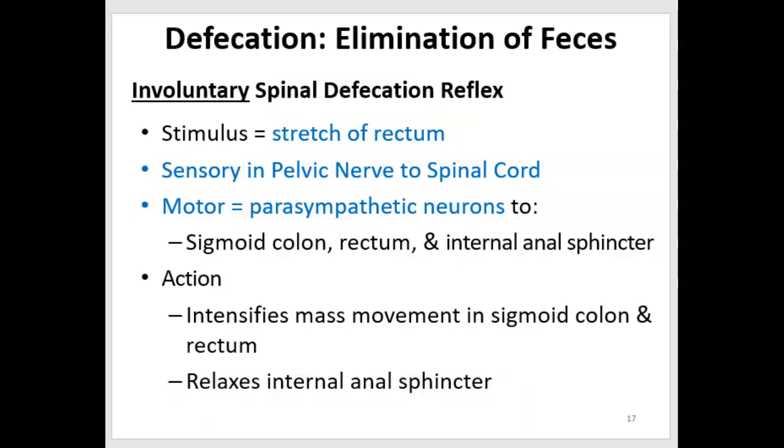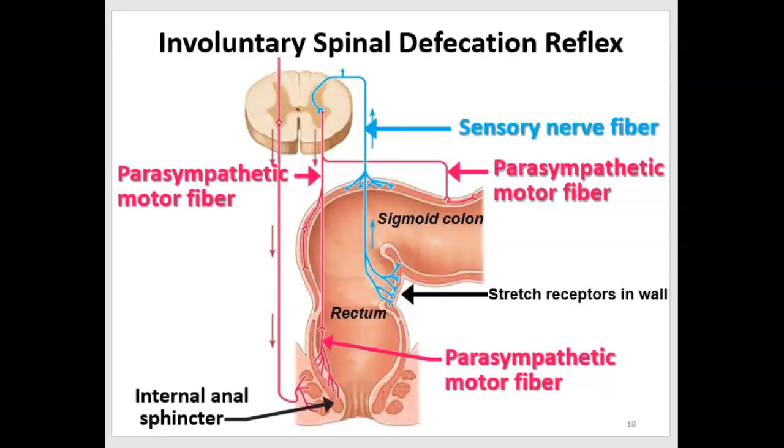So what this means is that as soon as the rectum is stretched, it causes the sigmoid colon to contract, the rectum to contract, but the internal anal sphincter to relax. So presumably, as soon as something enters the rectum, it's going to be ejected.